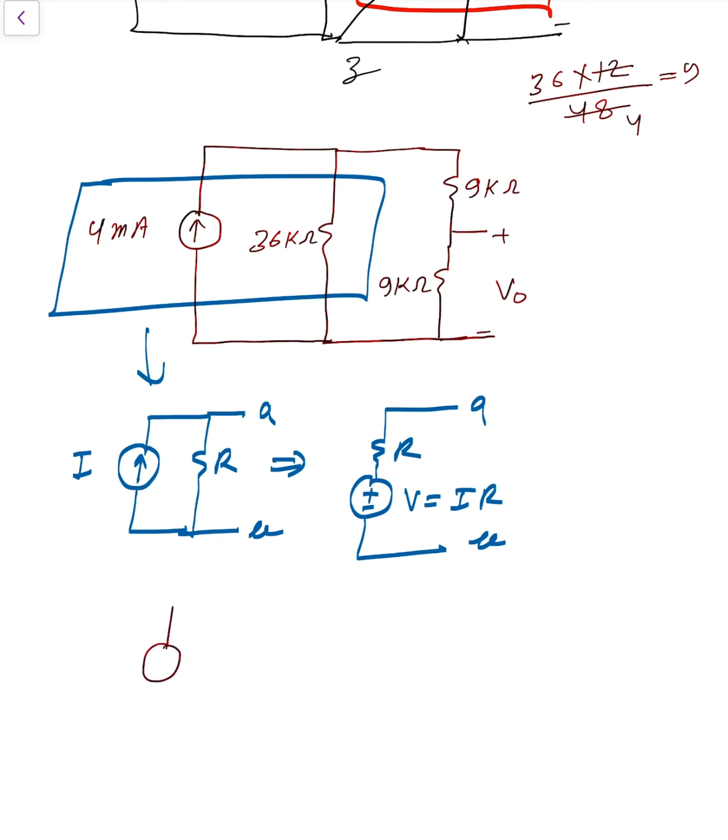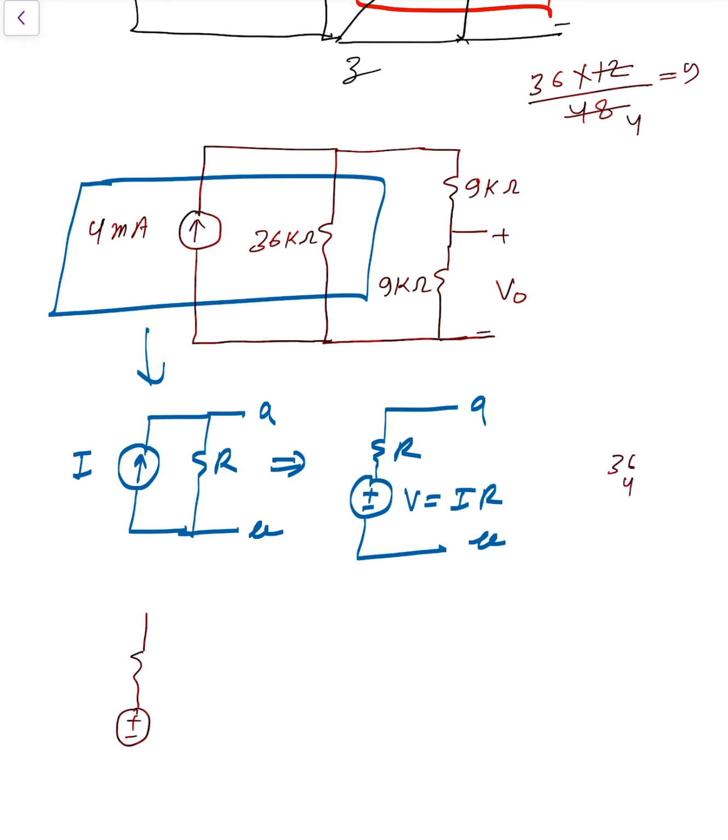Then we got that resistance, and that one is plus minus, current direction upwards, so that's why 36 into 4, multiplication of these two.